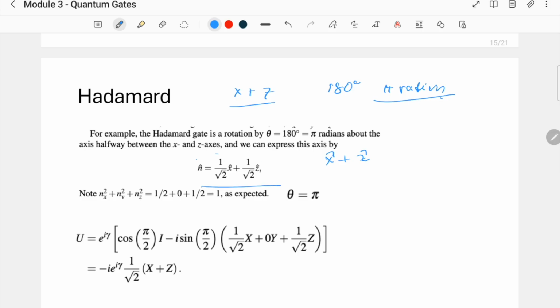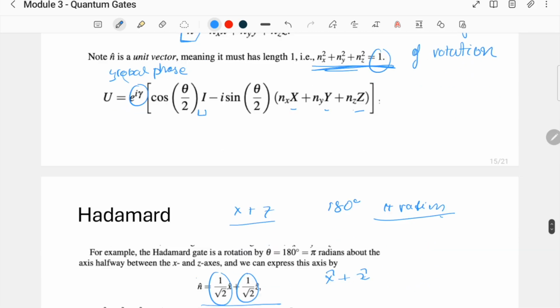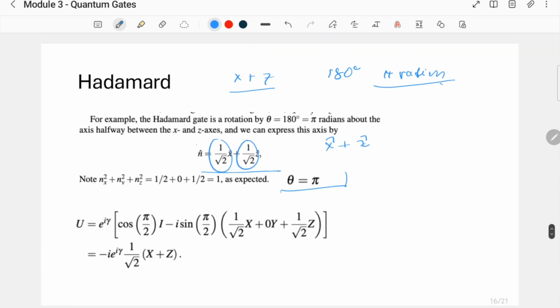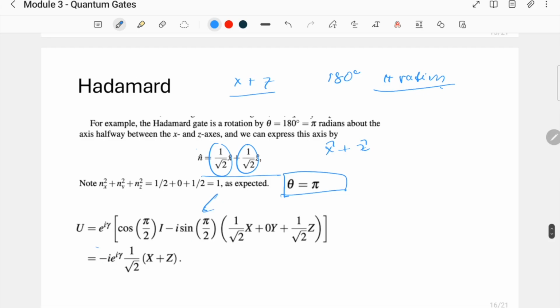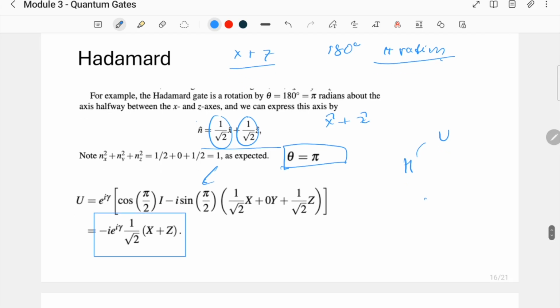So we write it simply like this, and 1 by root 2 is just the normalization factor. This must be 1. We have theta equals pi, the angle of rotation, and we simply plug it into the equation, and we obtain it in this form. So Hadamard, which was a random gate U, can be expressed in our simple gates as x plus z and some normalization factors.